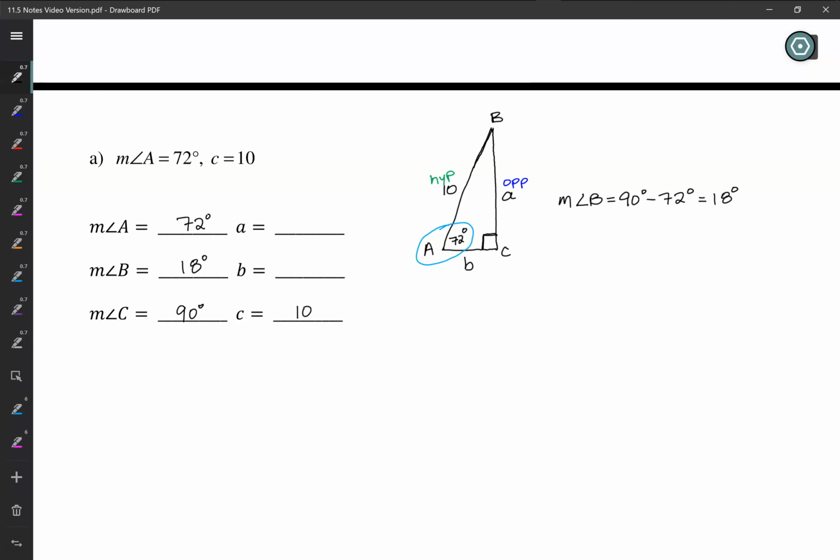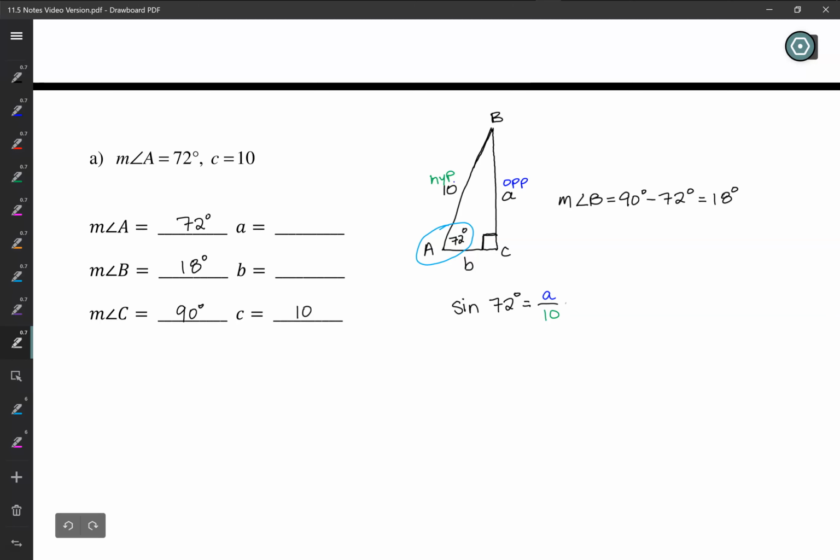Opposite and hypotenuse, SOHCAHTOA, so that is sine. The sine of 72 degrees equals opposite, that's A, over hypotenuse, 10.